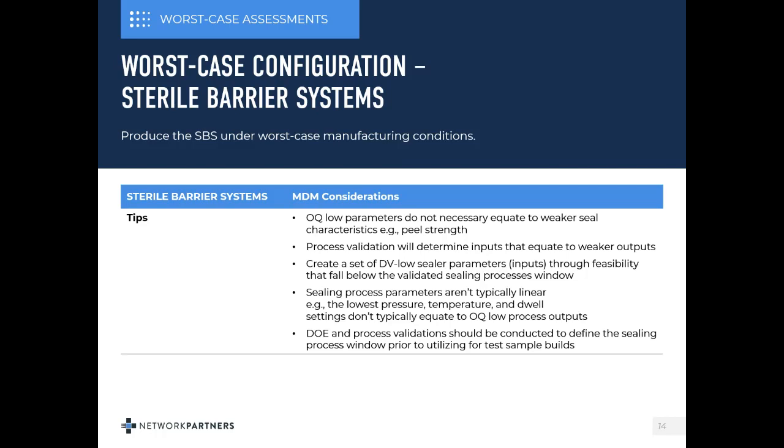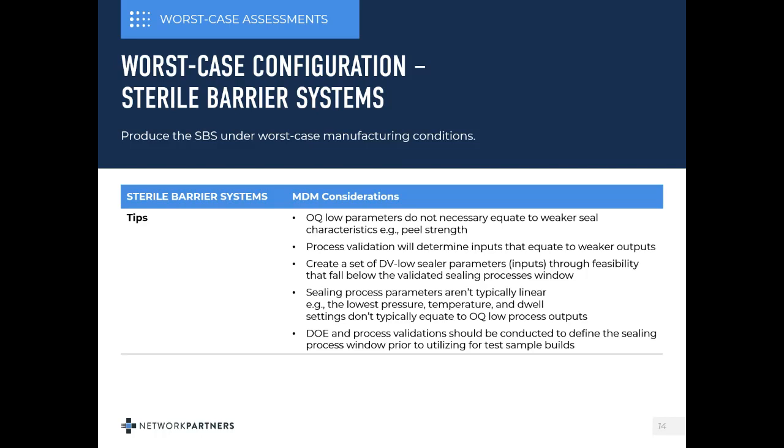And what I do, like I said before, is I create a set of DV low sealing parameters through feasibility testing that fall below your validated sealing window. And this has helped me many times because, as you know, nothing goes perfectly in what we do in our world. On the manufacturing floor, if you have a validation where your sealing window is over here and something goes out of spec and it falls below that, and you don't want to scrap the entire load that was just made, then you could say, hey, I validated way below the sealing process.